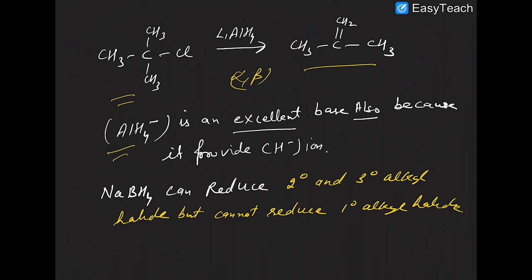Now in this case, sodium borohydride can be used. Sodium borohydride can reduce secondary and tertiary but can't reduce primary. I am repeating once more: sodium borohydride has one restriction, that it can reduce only secondary and tertiary alkyl halides but can't reduce primary alkyl halides.